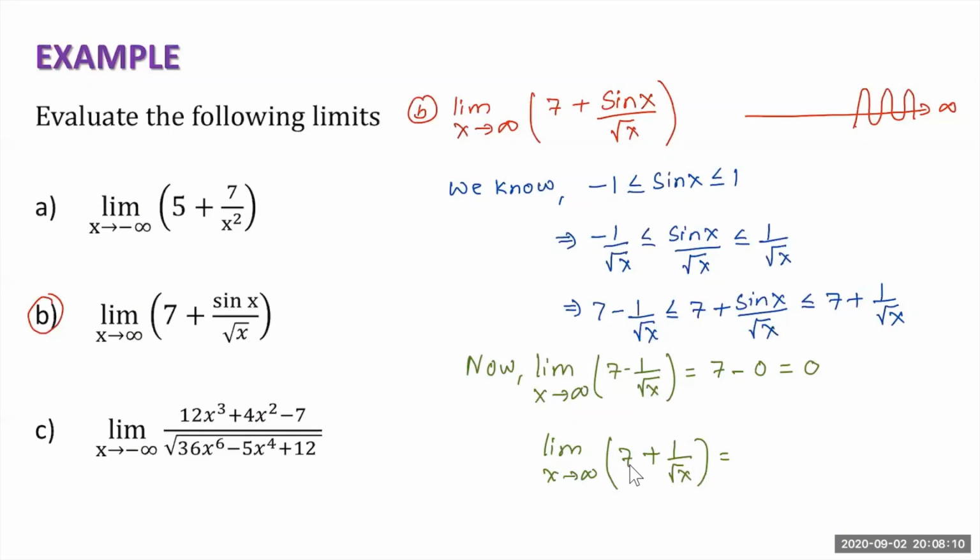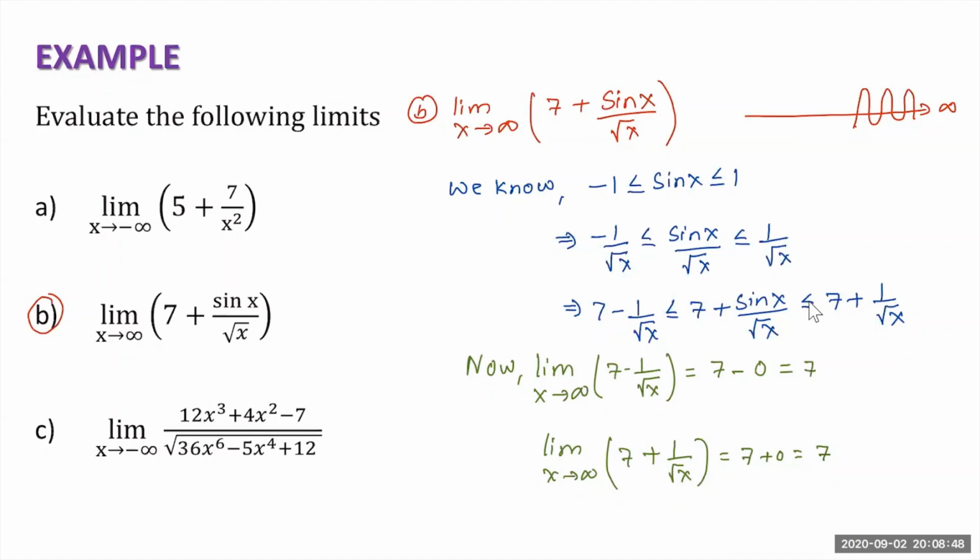So this limit will be 7 plus 0, which is equal to 7. So we can see the limit of this function is 7. Limit of that function is 7. That means the limit of the function which is squeezed in between must be 7 by squeeze theorem.